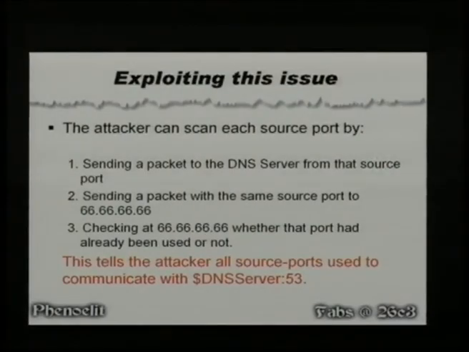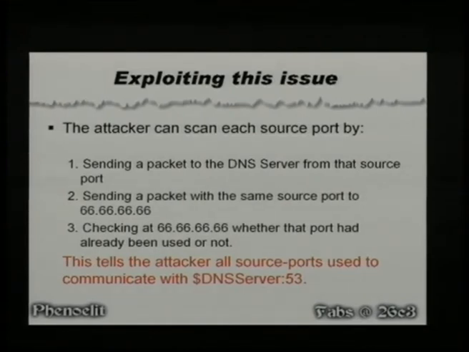So how do you exploit this? I know this is not that easy to understand on the first explanation. So this is how you exploit it. Maybe this will be clearer. First, you send a packet to the DNS server with a given UDP port, the port that you want to scan, as source port. Now you send a packet to that other host that you control on the internet with the same source port.